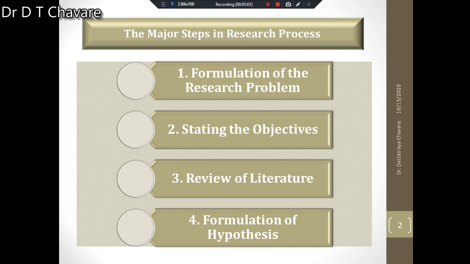Second is a systematic immersion in the subject matter through first-hand observation. Third, discussion with persons having rich practical experience in the field of study. And the last, consultation with the research guide. These four ways you should adopt when formulating the research problem.